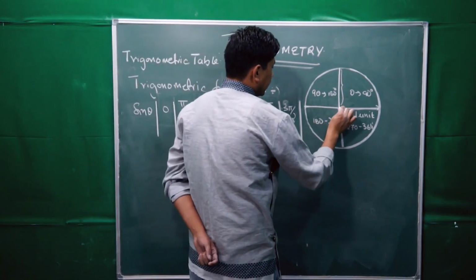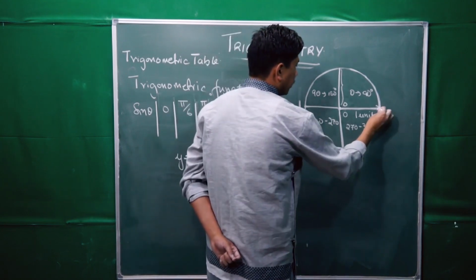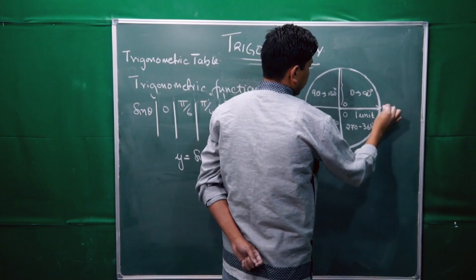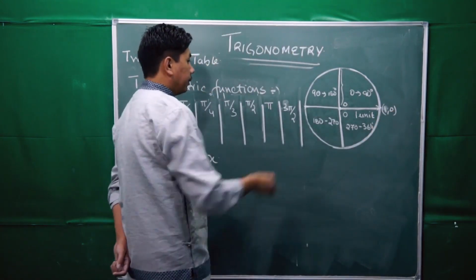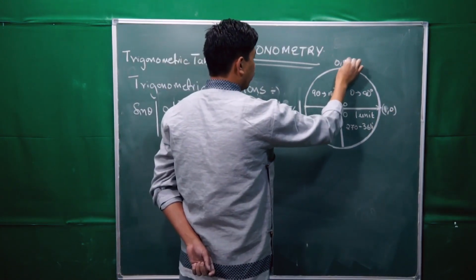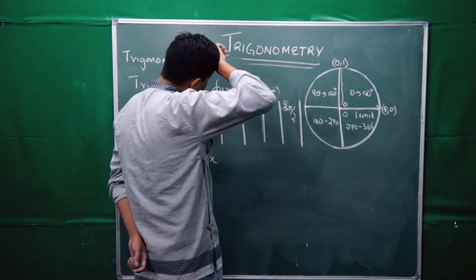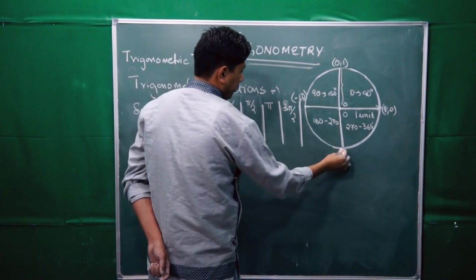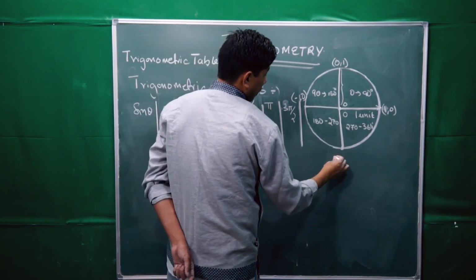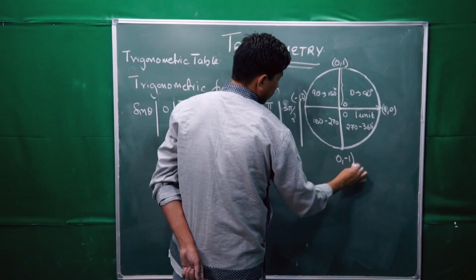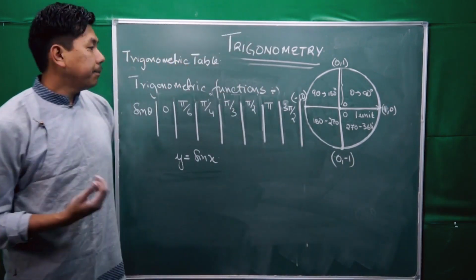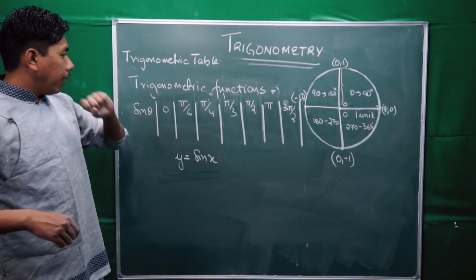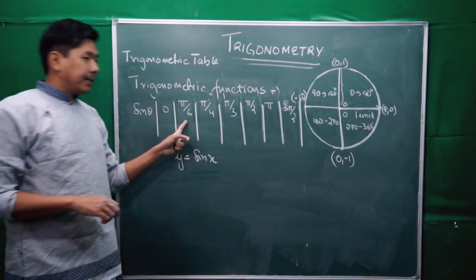Okay, let's say this is the center O, and this coordinate is 1, 0. Okay, clear? Similarly, this coordinate is 0, 1. This coordinate would be -1, 0. Likewise, this coordinate would be 0, -1. Okay, simple.